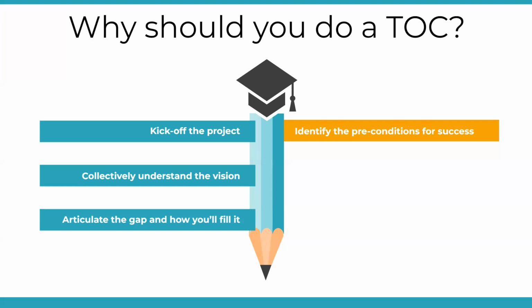When you design a theory of change, you may already have in mind certain activities, but because you're constantly asking yourself how each and every step is going to happen, all the necessary preconditions will emanate from this process. A theory of change also helps you to just plan your project better.